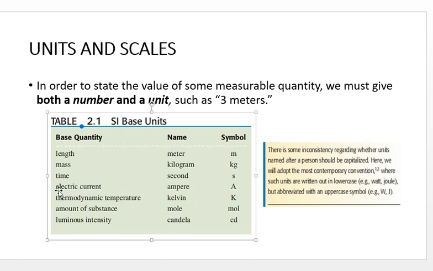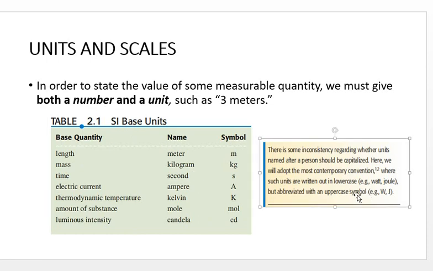Most specifically, for this subject, we'll be using the electric current. So our electric current is measured in terms of ampere. Of course, it is from Andre Marie Ampere. Are you familiar? And we have the symbol A. And this one down here, most probably we won't be using yet. I just want you to know that we use the SI base units here.